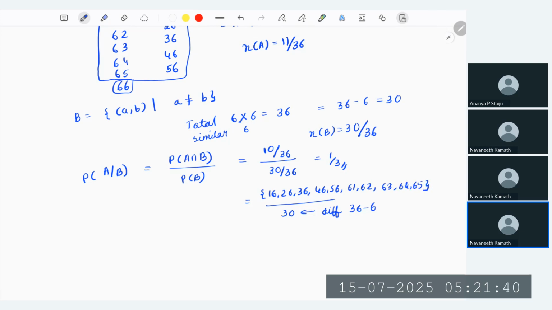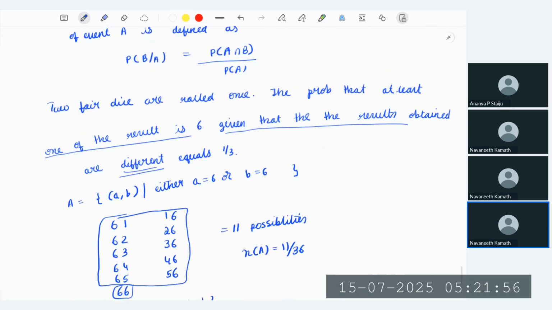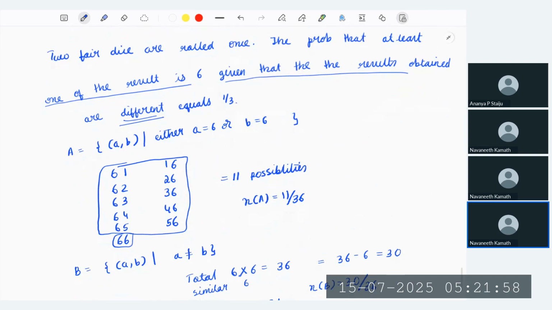So the thing we get is 10 among these 30 different values. That is 10 by 30, it is 1 by 3. Ask me if you have doubt. It is very important to understand this. Just have a note of this.